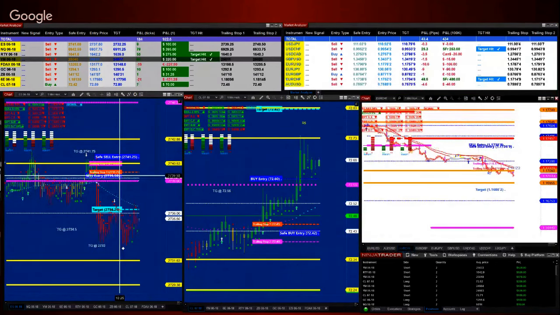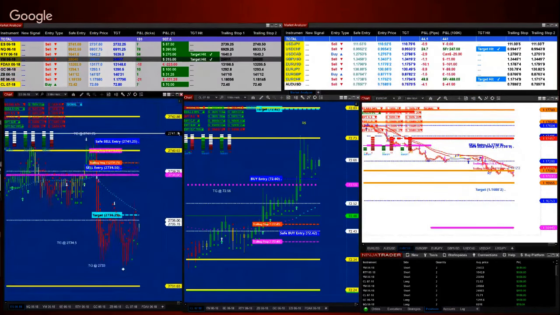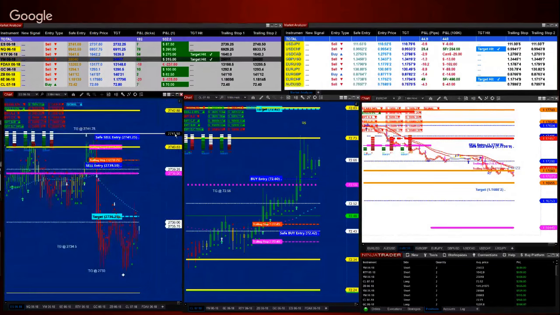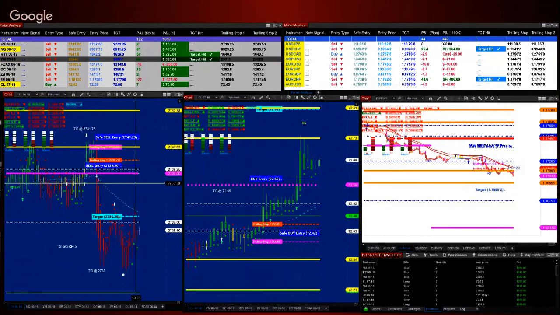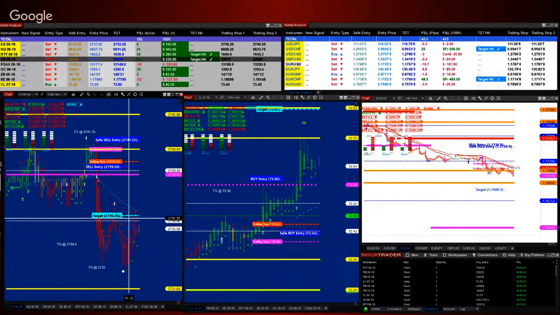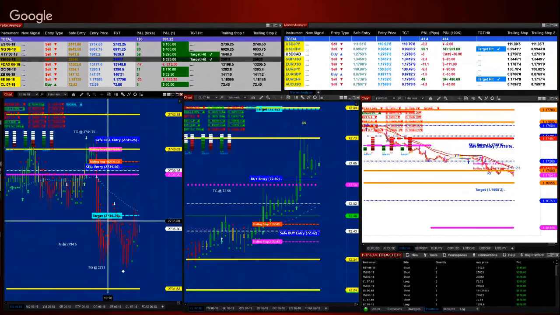We have the re-entry point, and this is very, very important for the ES trader. I'll try to explain to you what's going on in the ES so you will not fall into this trap. Right now, we have a resistance line at 27.36. Fair enough. And we hit the target, and you can see this market flirting with the 36 level. Fair enough.